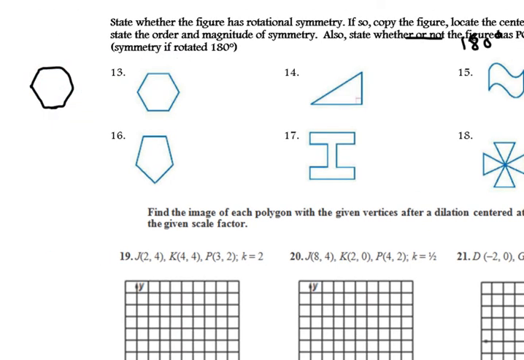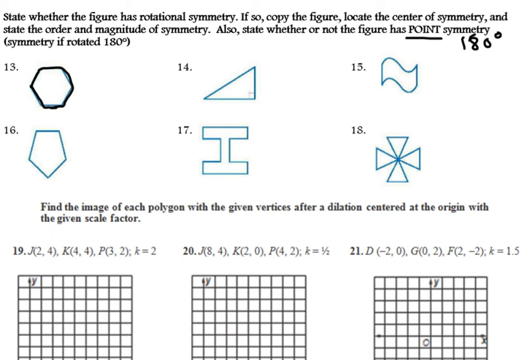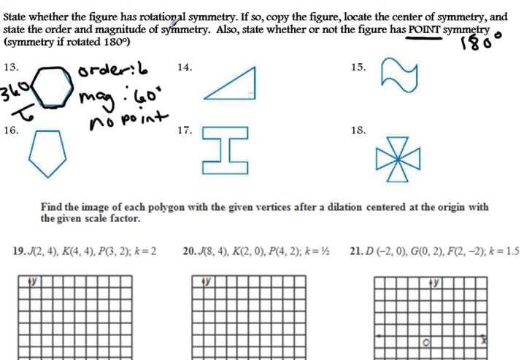So our order is 6, and our magnitude is we take 360 divided by our order, which is 6, and that'll give us a total of 60 degrees for our magnitude. It does not have point symmetry. Point symmetry is when it only has 180 degrees to turn it, where it rotates back on itself.